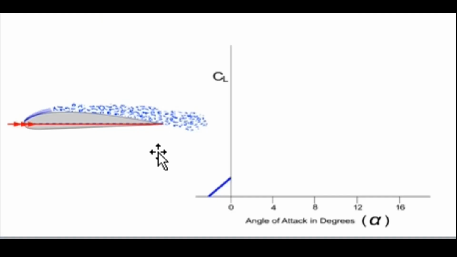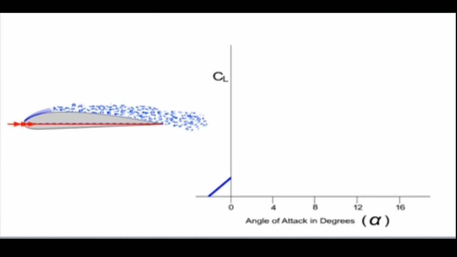So if you take a look at this particular presentation here, the coefficient of lift is plotted against the angle of attack. And this is the wing, that aerofoil, and the relative airflow that is there. Here you have laminar flow, then turbulent flow. This is for, let's say, 0 degree angle of attack, where you get a little bit of coefficient of lift.